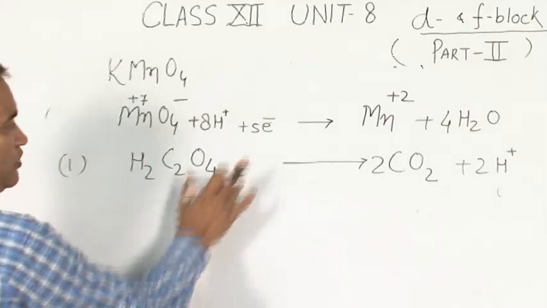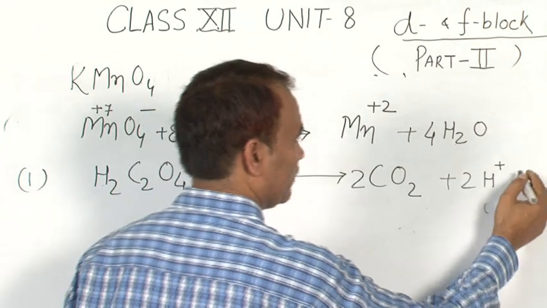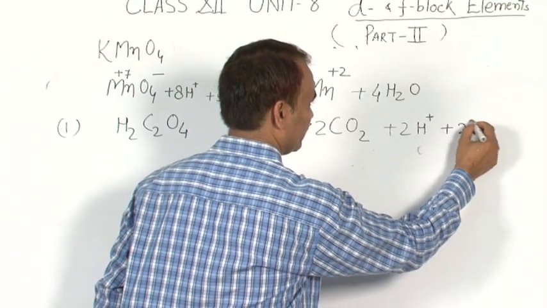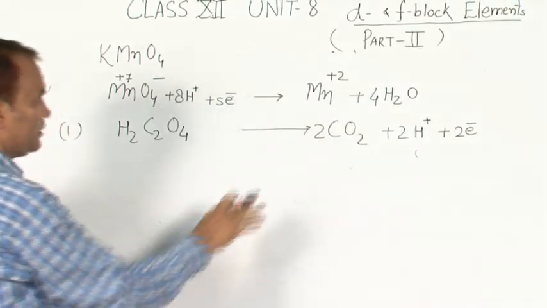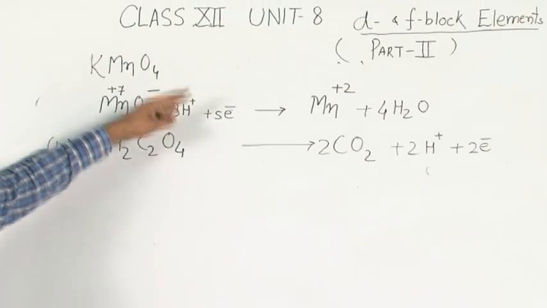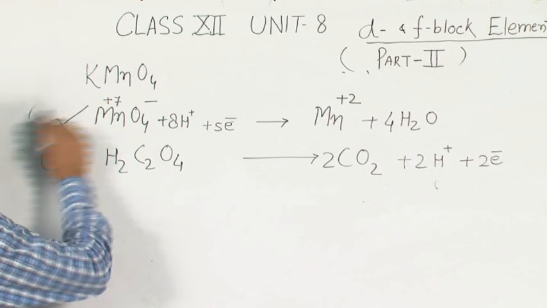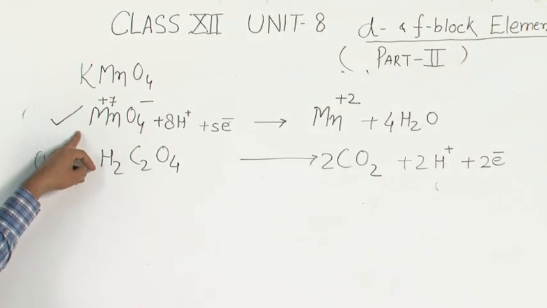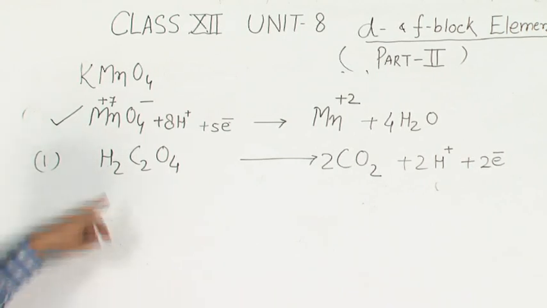This side there is no charge, this side there is 2 plus charge, so it can be balanced by adding 2 electrons. If you know this ionic reaction, then first we have to know the first one for all the oxidizing properties of potassium permanganate in acidic medium. The second one is for the particular reaction.